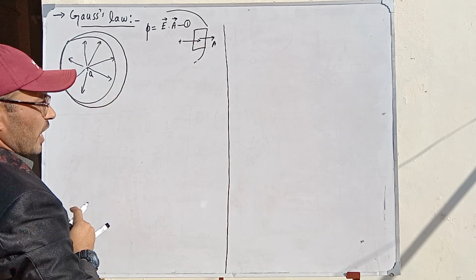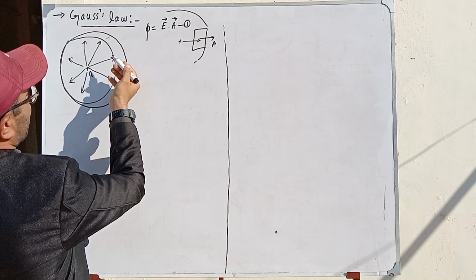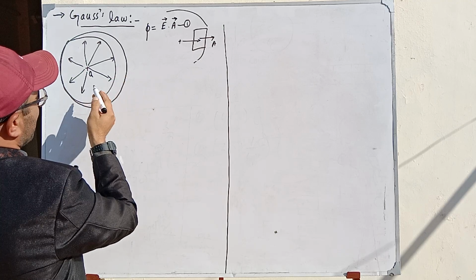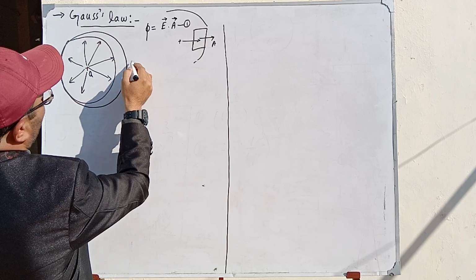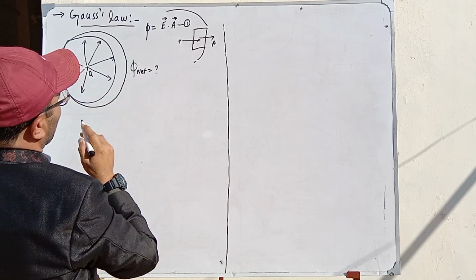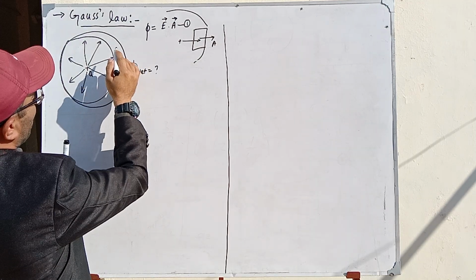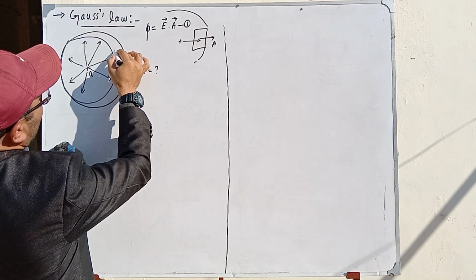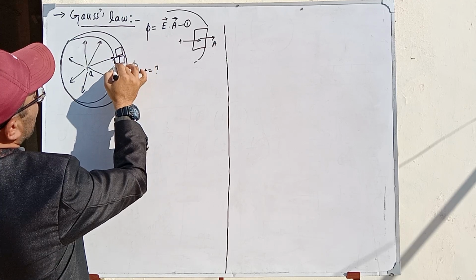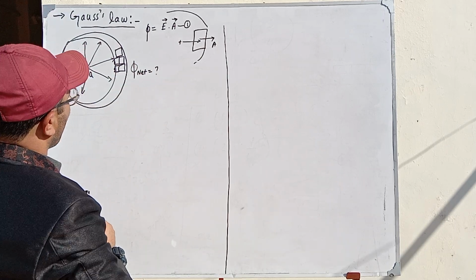So it was a difficulty for physicists to calculate the cross-sectional area, and after that there was much difficulty in calculating the net electric flux, because when I make patches of this surface area, so many patches are formed.